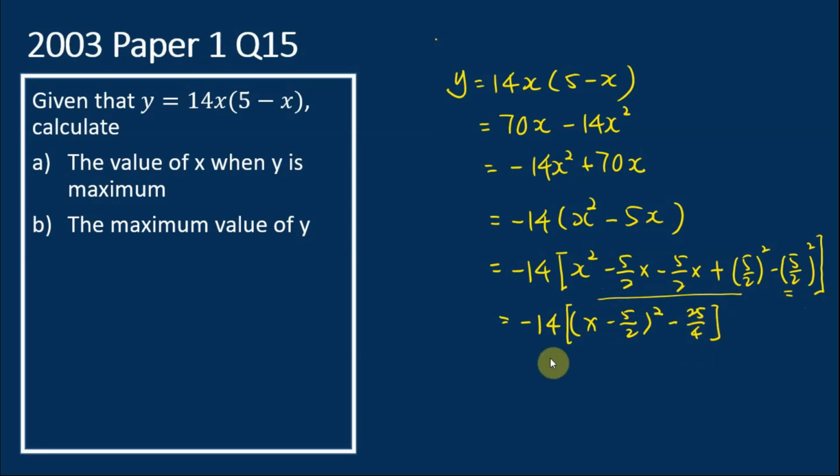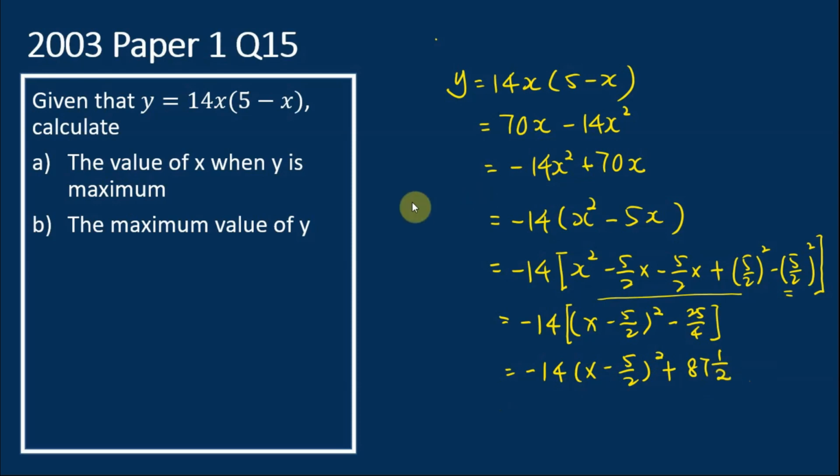So expand it, and it becomes negative 14 times (x minus 5 over 2) squared, and then plus 87 1 over 2. Now we have written this quadratic function in vertex form. Then we should be able to find the x and y values easily from this vertex form.